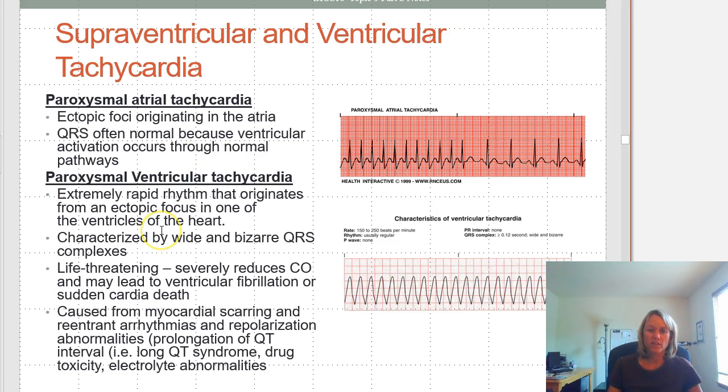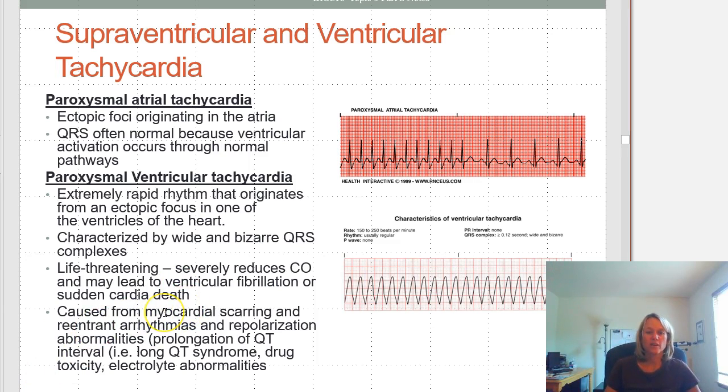Now, ventricular tachycardia is life-threatening because the rate is so rapid. This is going to severely reduce the cardiac output. This may lead also to ventricular fibrillation, which most likely is going to require being defibrillated, or can lead to sudden cardiac death.